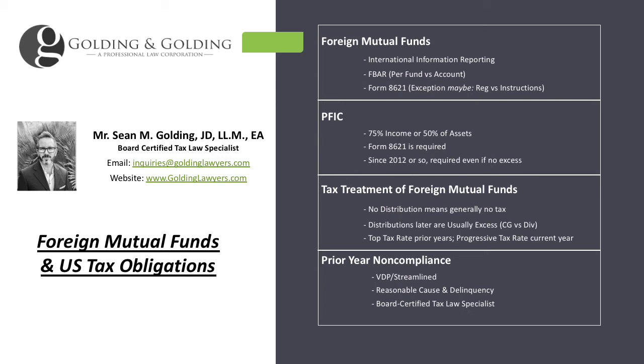But, and this is very important, once it is distributed, then generally it's going to be an excess distribution unless you've been receiving similar incremental distributions each year. And what does an excess distribution mean? Well, it means any portion of it which is normally more than 125% of the 3-year average. It's a whole equation, but I have other information online that you could find on that specifically.